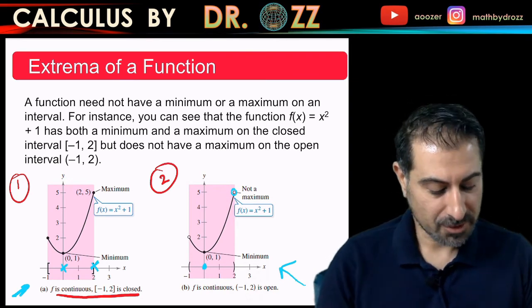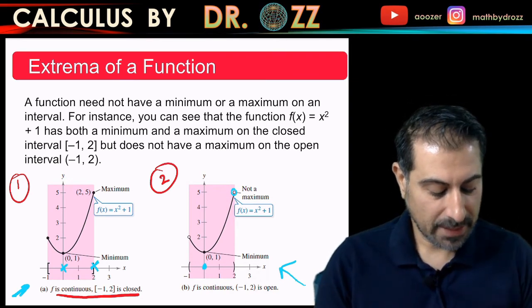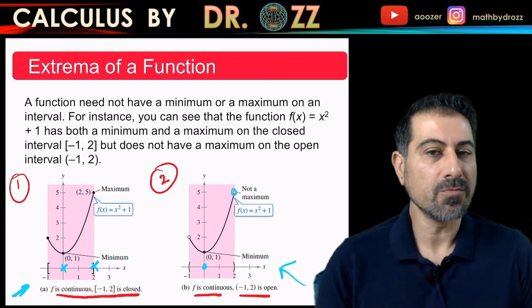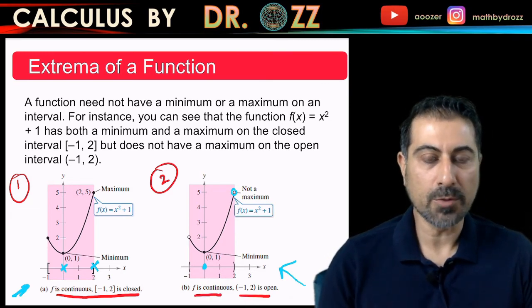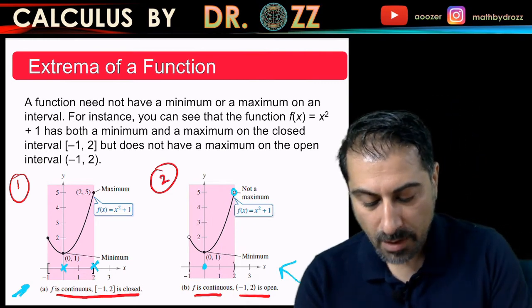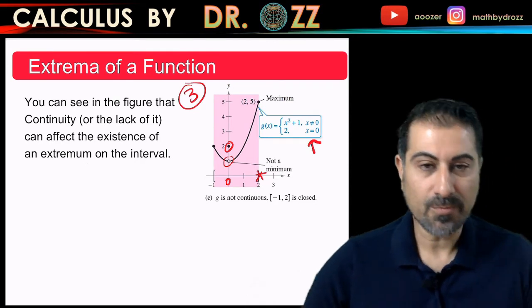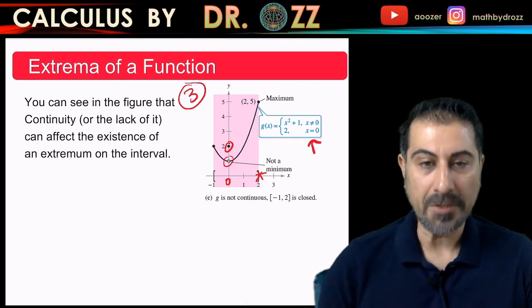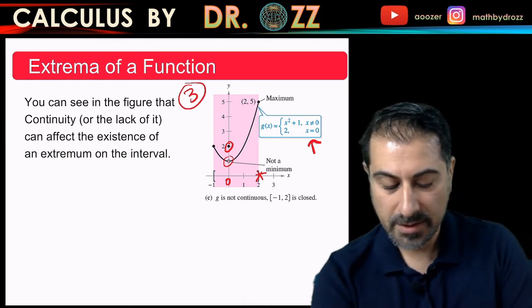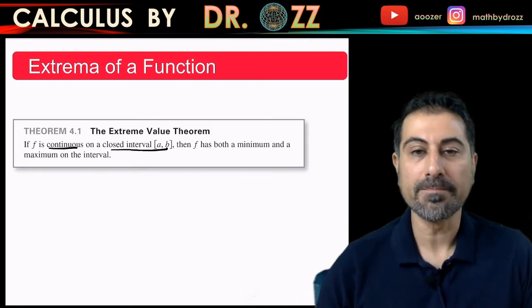In the second example, we had continuity, but the interval was not closed, so we're not guaranteed to have a maximum or minimum. In other words, the sufficient conditions of the theorem are not satisfied. And in the last example, we lost continuity even though we had a closed interval. Again, we do not have the sufficient conditions of the theorem.